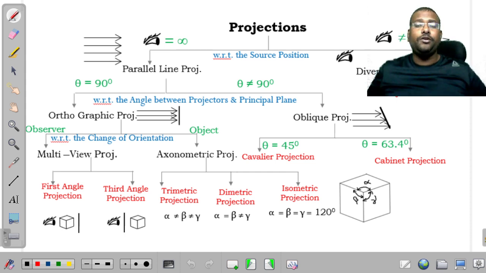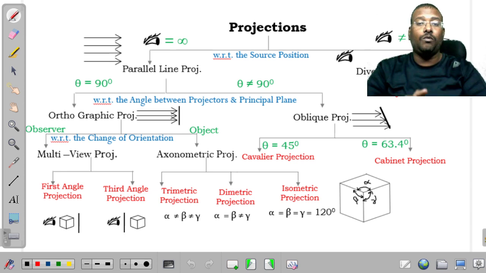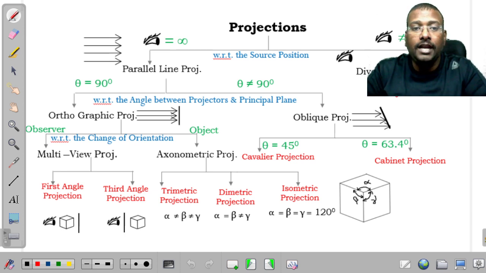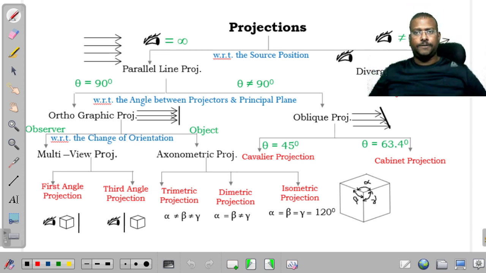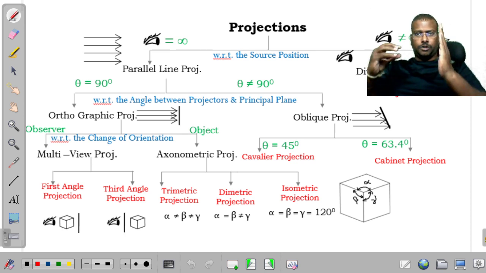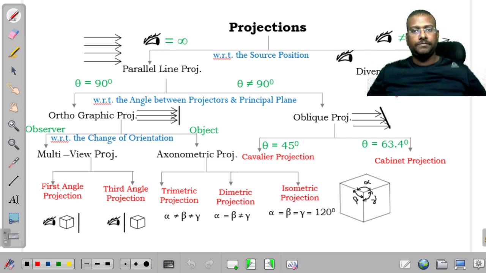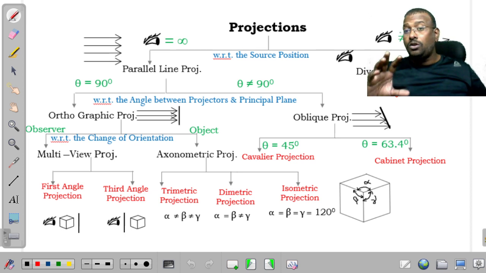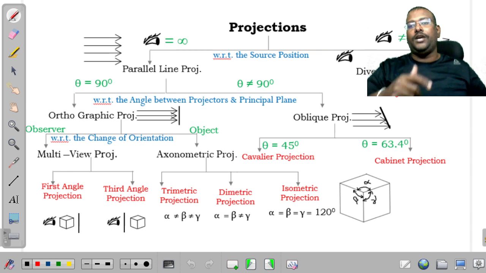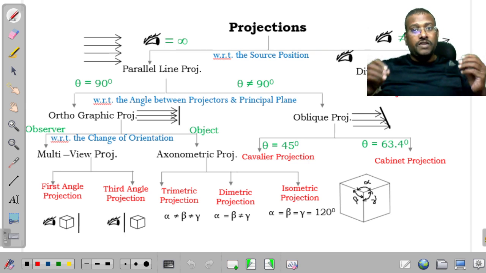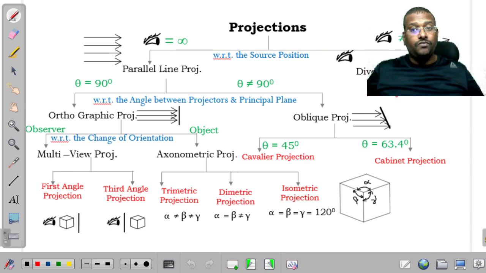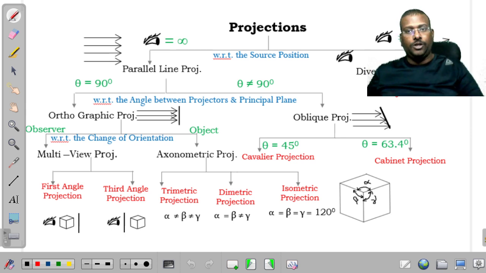Okay. Now here, you said 2. What are these two, sir? Let us consider. The principal plane should be like this, and the projectors are perpendicular to this. Depending upon the object orientation, in order to get the complete information of an object, in which way are you getting the complete information?